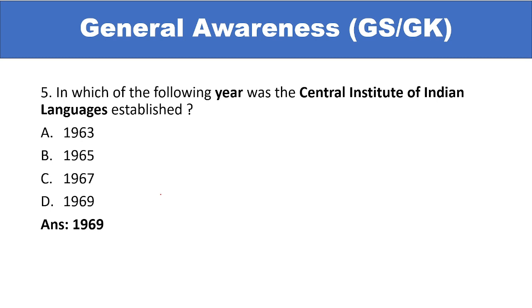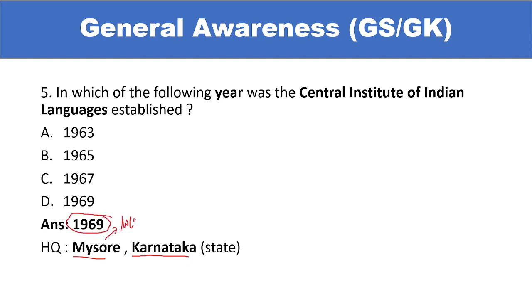And the answer is 1969. And where is the headquarters of the Central Institute of Indian Languages located? It is in Mysore, which is in Karnataka. Year important, location important. Either they may ask you the specific place or the state.